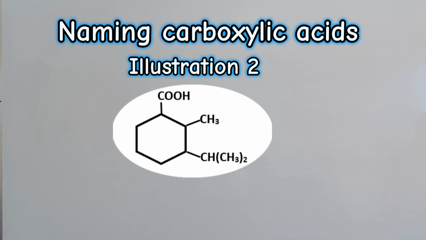Therefore, by numbering in the clockwise direction, we identify that the 2 different alkyl substituents are on position 2 and position 3 of the cyclic compound.